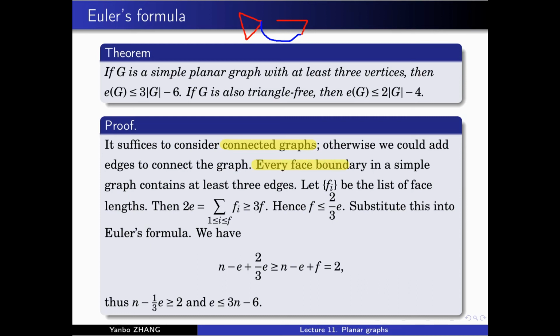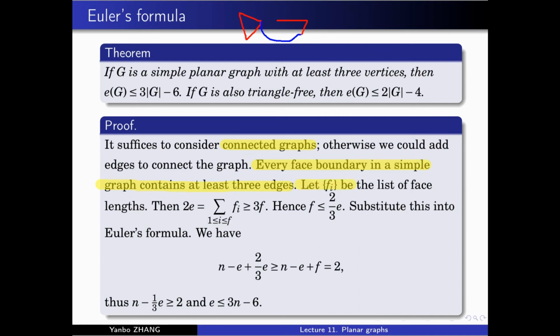Every face boundary in a simple graph contains at least 3 edges. We know that every face boundary has at least 3 edges, so the length of every face is greater than or equal to 3.